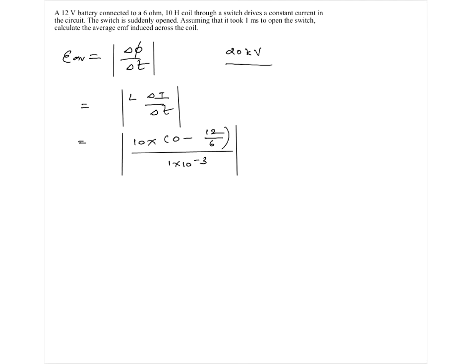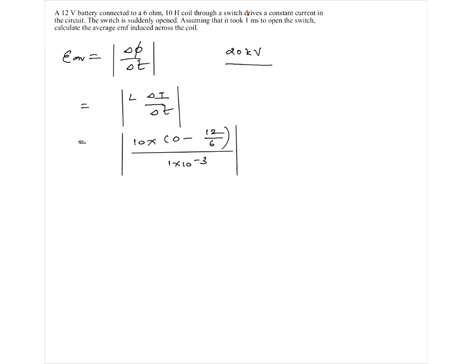A 12-volt battery connected to 6 ohm 10 Henry coil. 10 Henry is fairly big. It's not a non-ideal inductor. It has got 6 ohm resistance, but 6 ohm is small, not big.